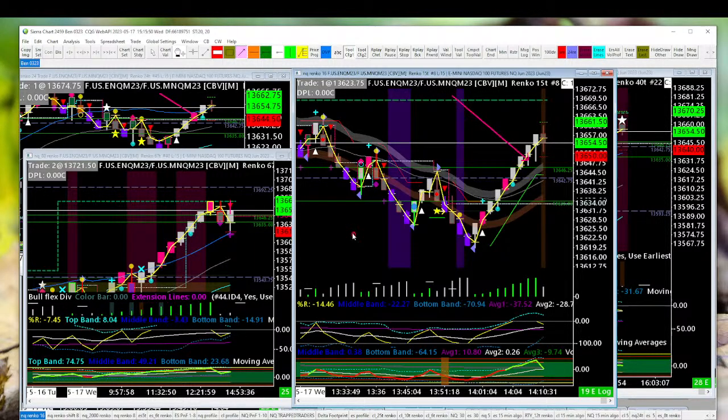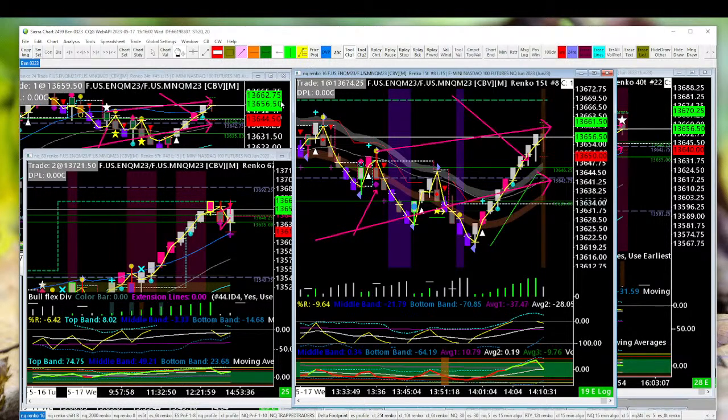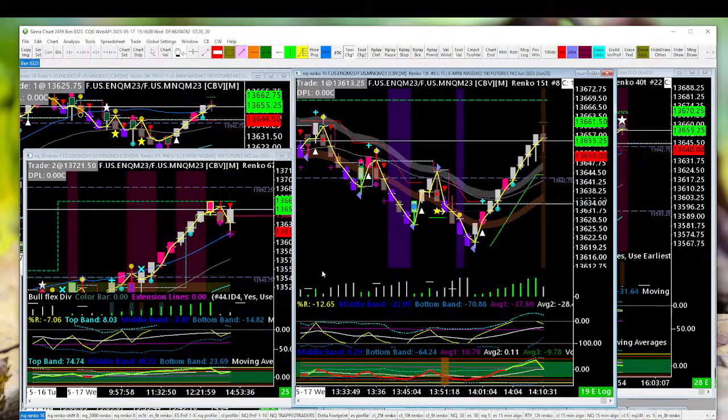And this big seller has been stopped out. And so now, to be bearish, we need to recover that close, which is basically 13,642.75. So if we can't get under 13,642.75, I probably shouldn't be shorting.